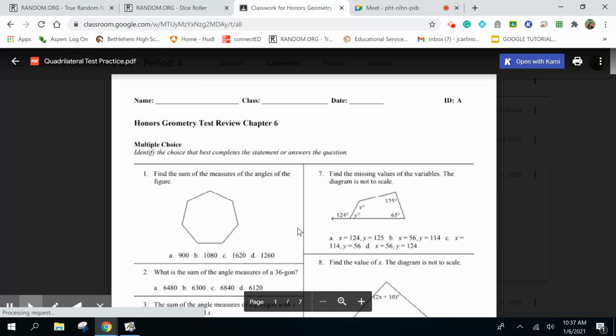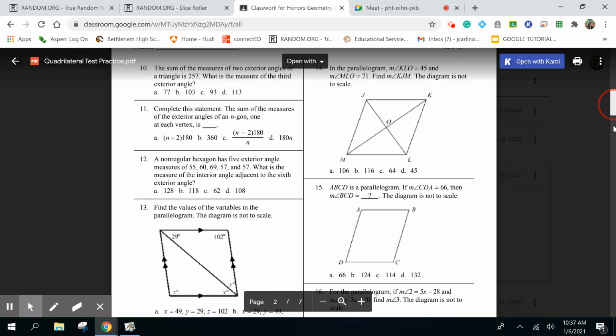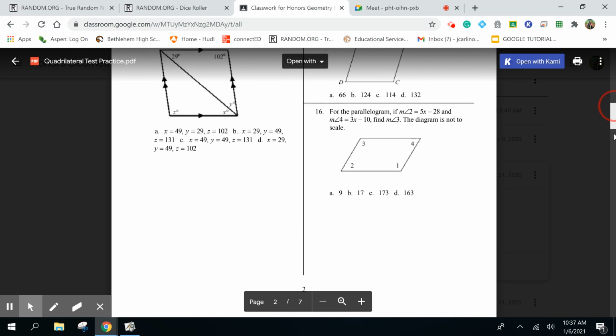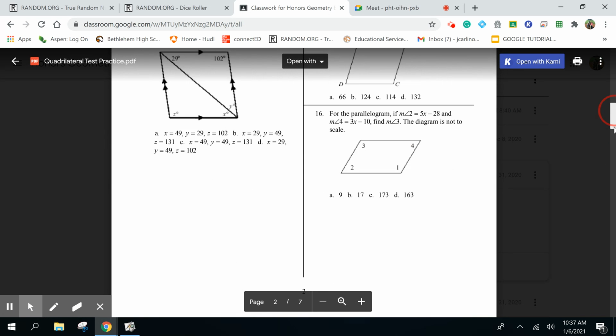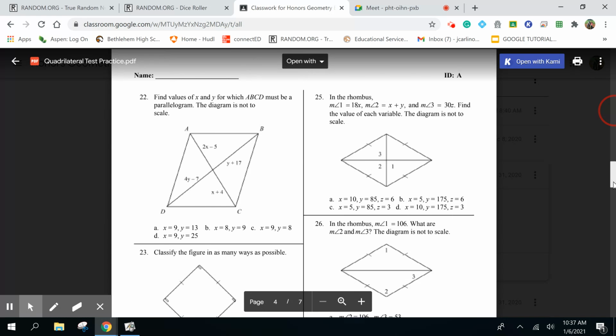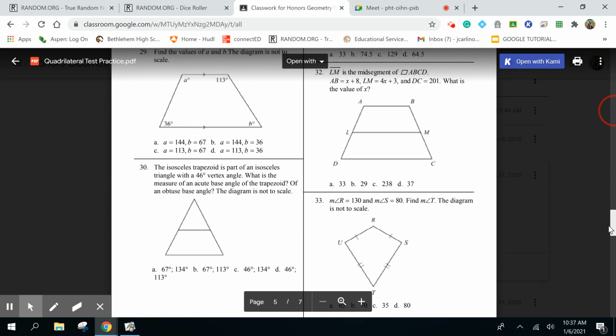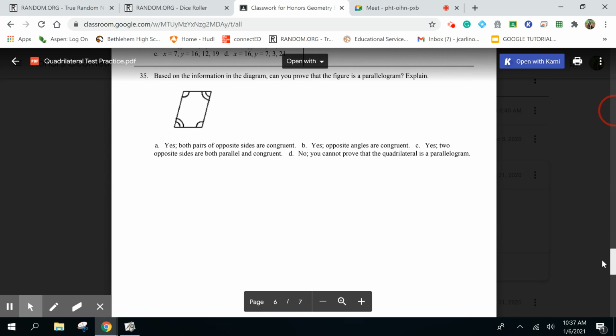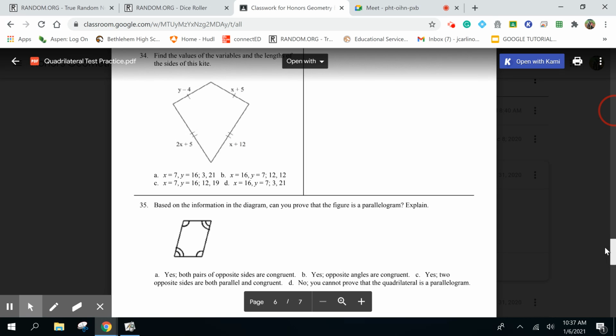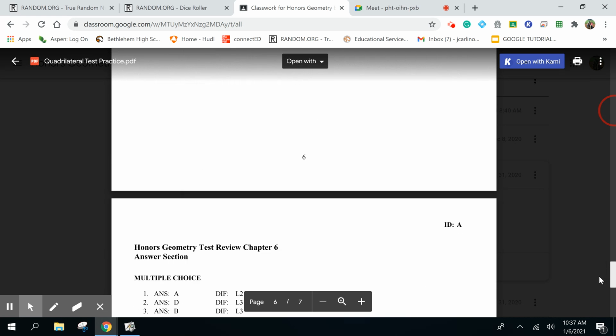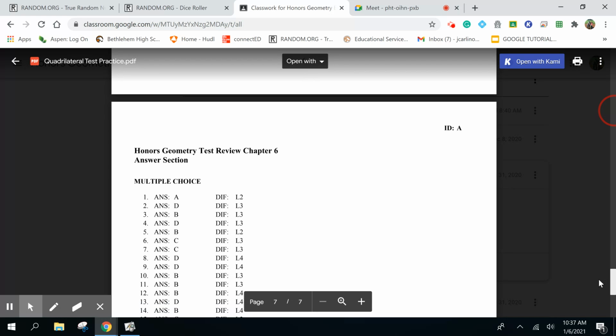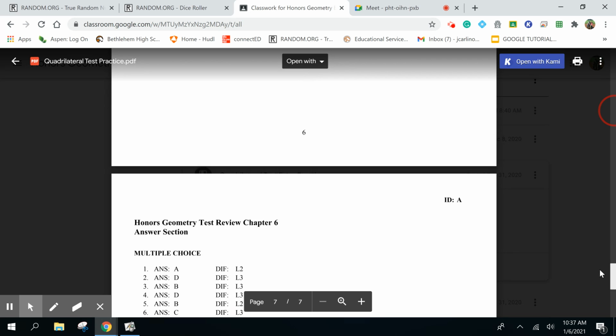In fact, I think I put 35 of them on here that deal with quadrilaterals. I just want to make sure I don't misquote myself here. Yes, 35 multiple choice questions with the answers followed by it. 35 on there for you if you want to get after it a little more.